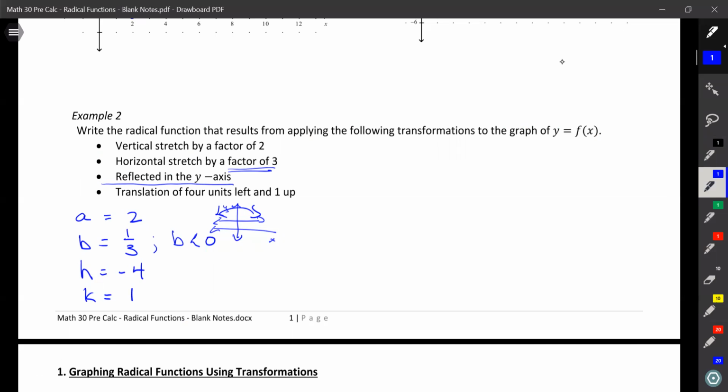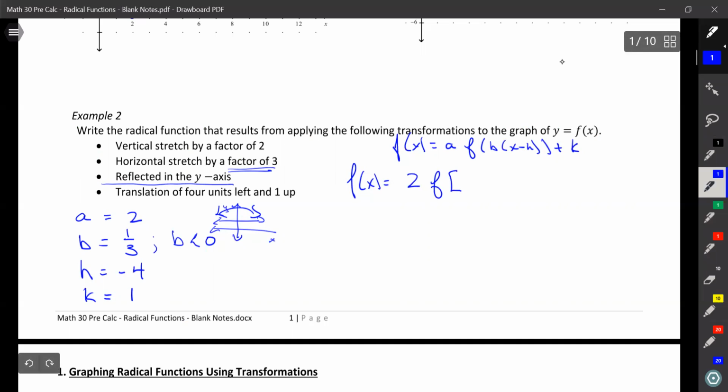So we now remember our f of x equals, well, I should maybe write it up here. First, to remind us, a f of b x minus h plus k. So f of x equals a, which is 2, f of b, which is negative 1 over 3.